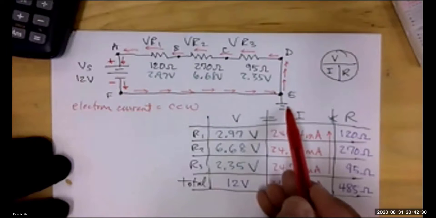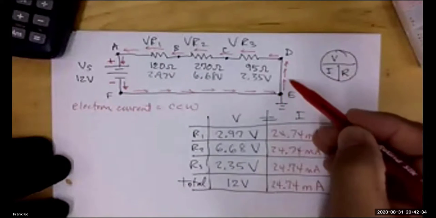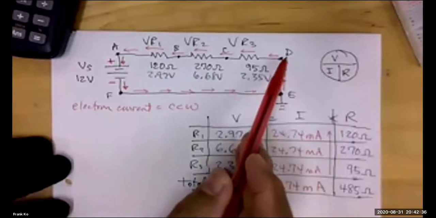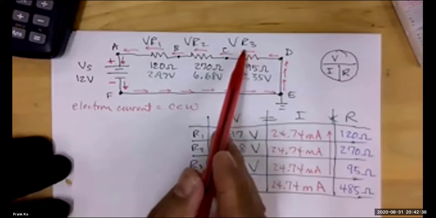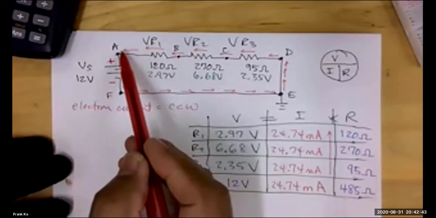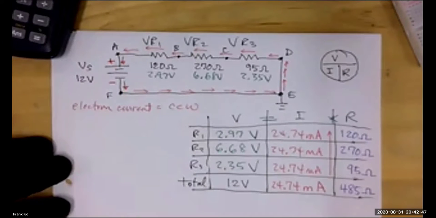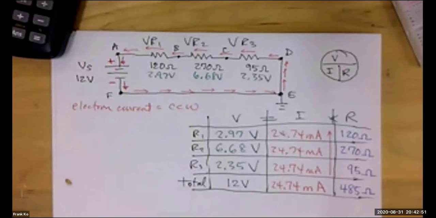This is simply a reference point. No electricity goes to ground. It will then flow up to D. And once it hits D, it's got nowhere to go except to go left. Once it goes through all of this, it hits A. It's got no place else to go at A other than to go down to the positive. But why does it come out of the negative? Because the negative plate of the voltage source is your source of electrons.